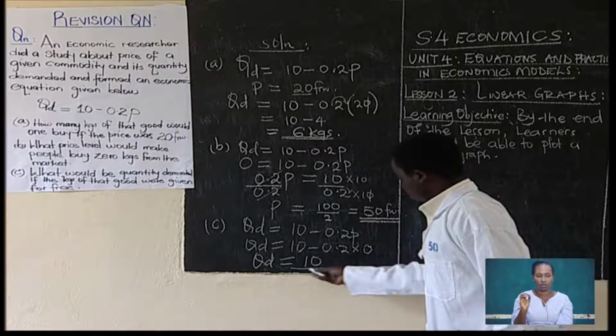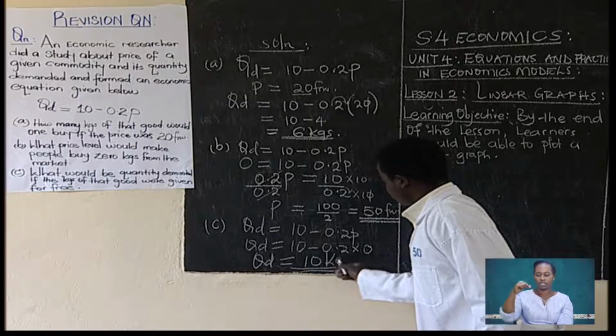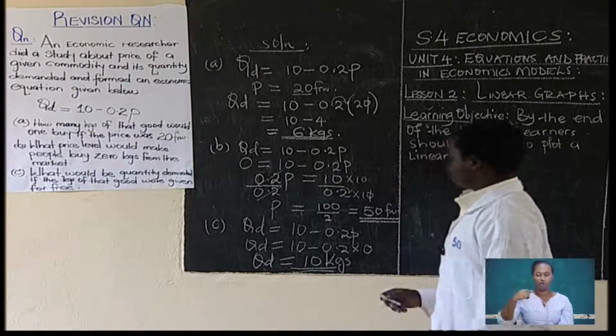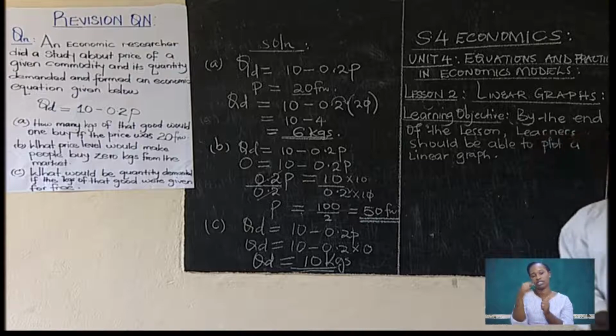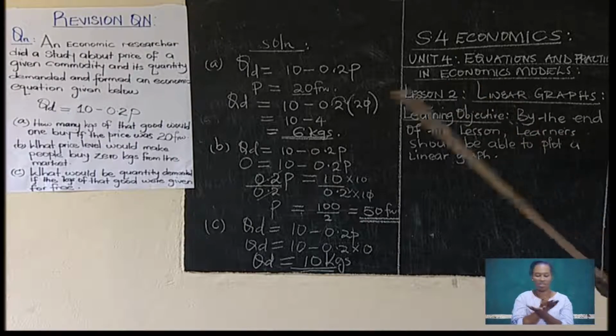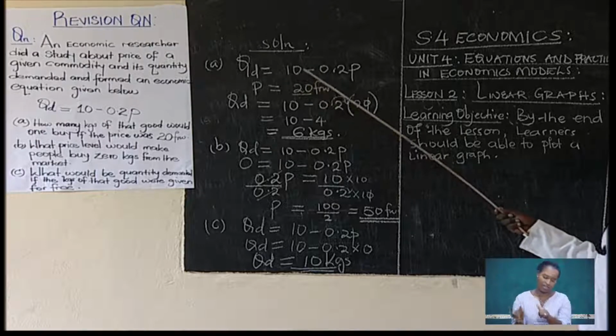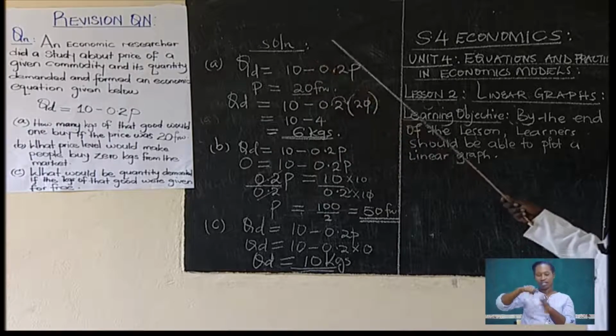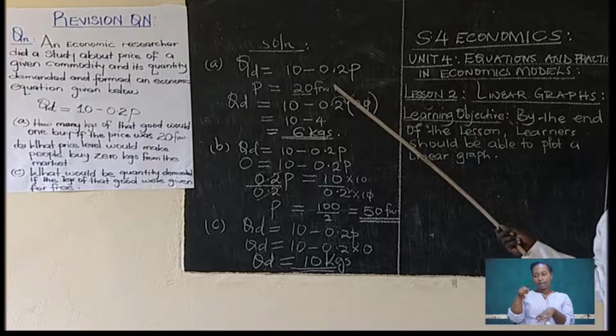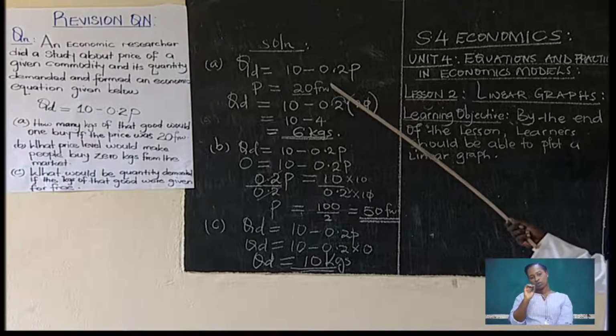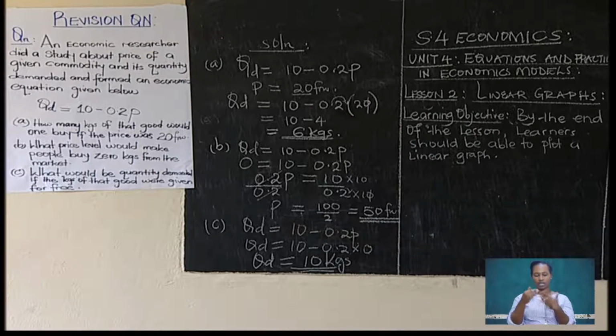So this is the quantity demanded, 10 kilograms, if there was no price charged. So that's why this 10 is like our constant. That would be the quantity consumed when price is 0. So that is how we are supposed to work that out. I hope it's not very hard.